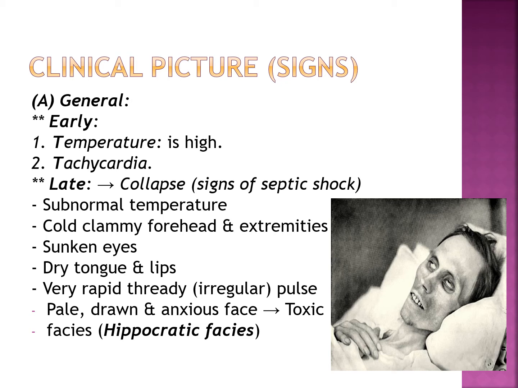If you see a patient like this, it doesn't need a medical doctor to know that this patient is collapsing and dying. So it is seen in patients with terminal acute peritonitis if left untreated.